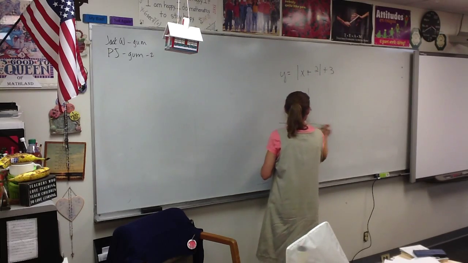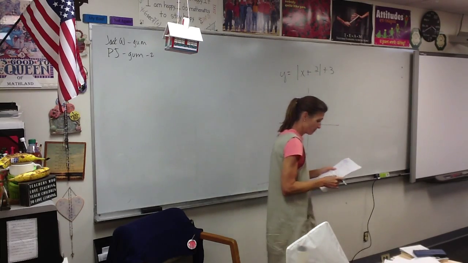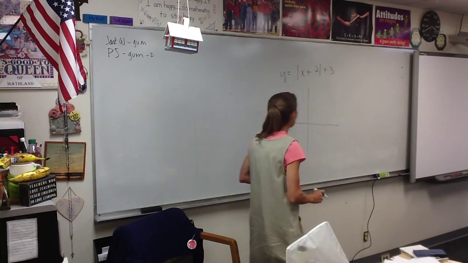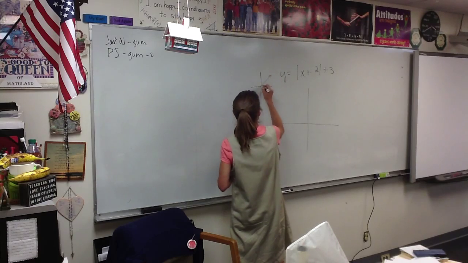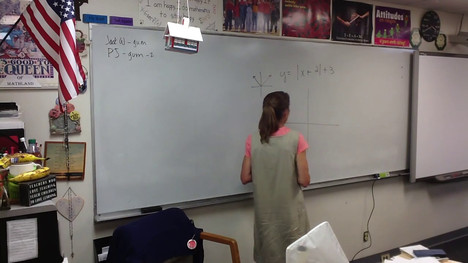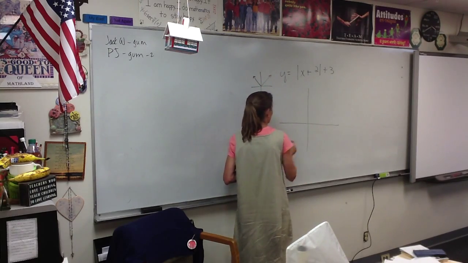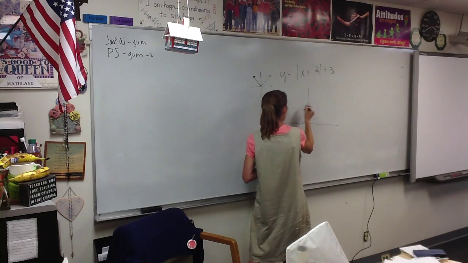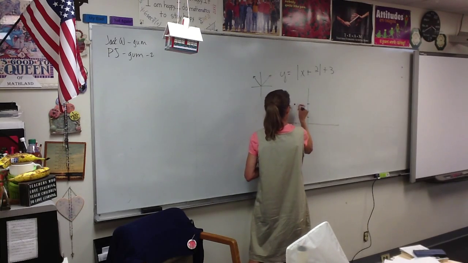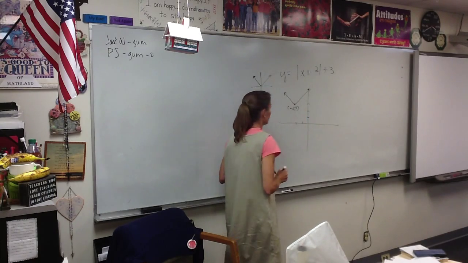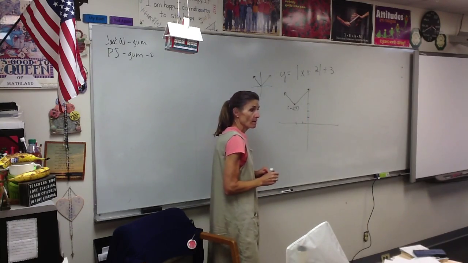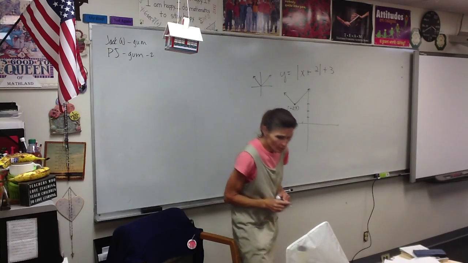Okay, what shape is this? This is an absolute value, but it's moved. This is where it's supposed to be. This one is not there. Where is this one? Left 2, up 3, perfect. So it looks like this, right?